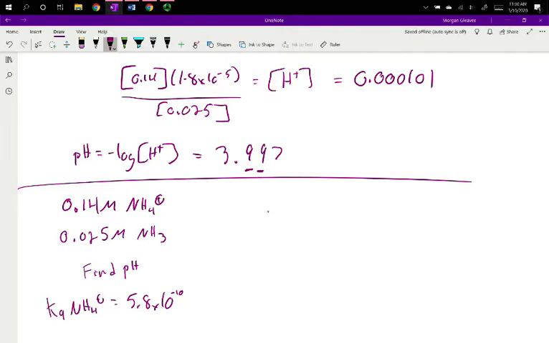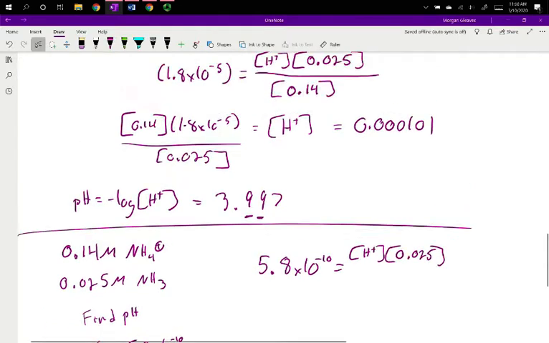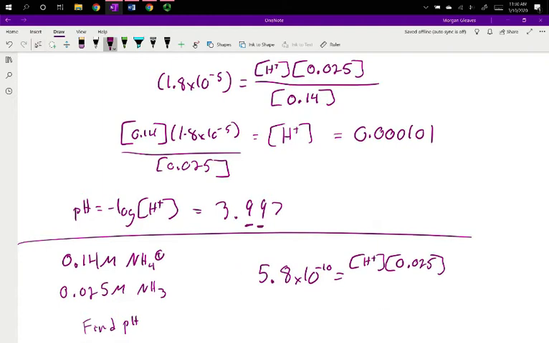As a result, when I set up my equation, 5.8 times 10 to the minus 10 is going to equal my H+, my base, 0.025, which, as referenced earlier, we're setting up the same, just plugging in our new values. Our acid's still 0.14. The difference this time is I need a much tinier Ka.